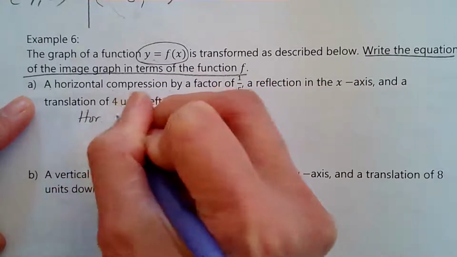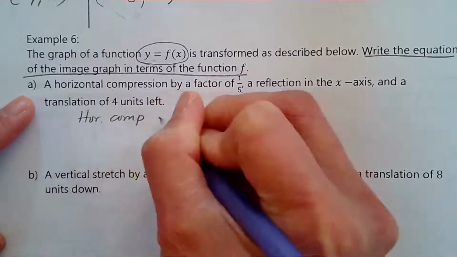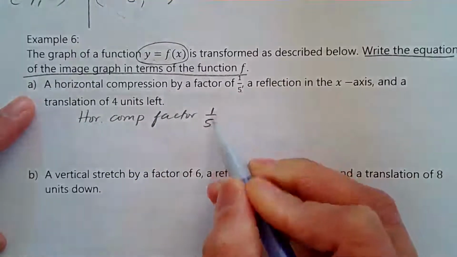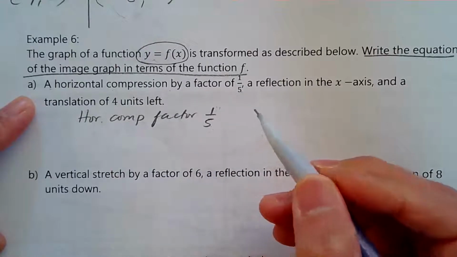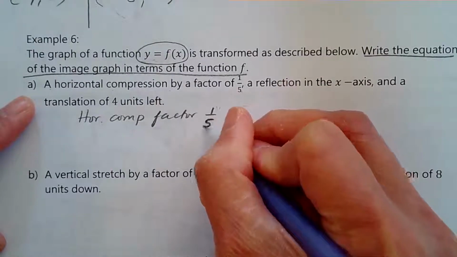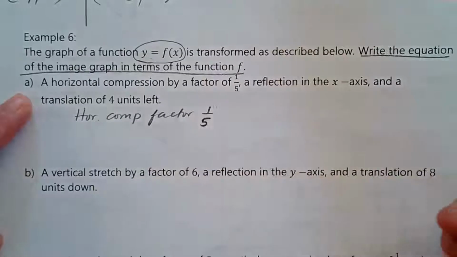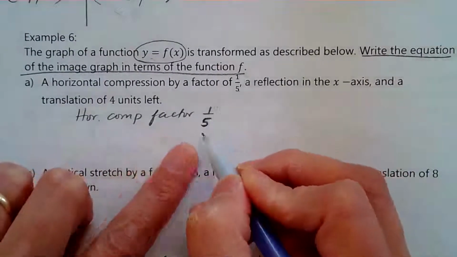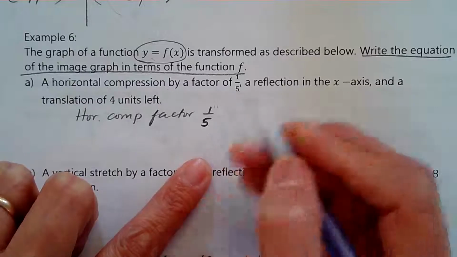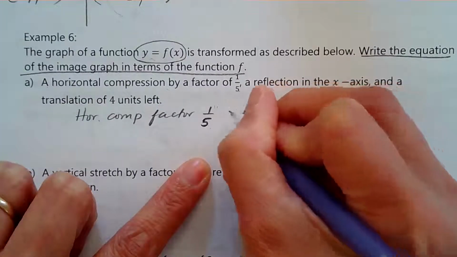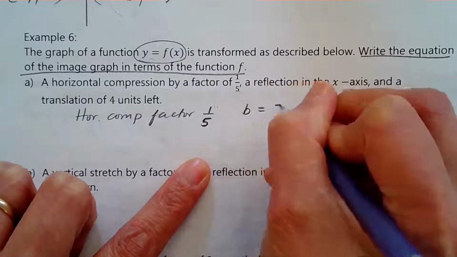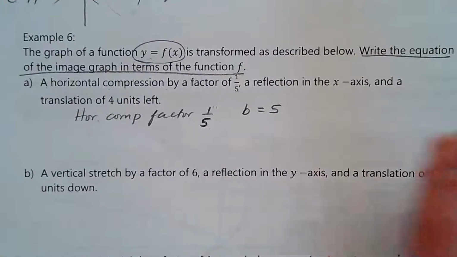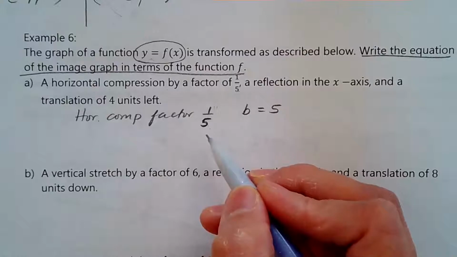Which one would that be? The horizontal compression of 1/5 is affecting the b value. So the factor is 1/5, which means b is 5.